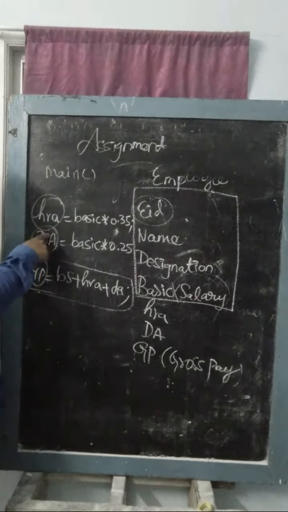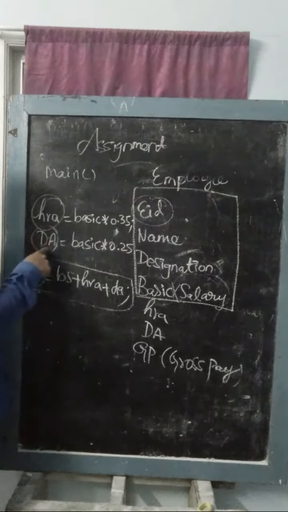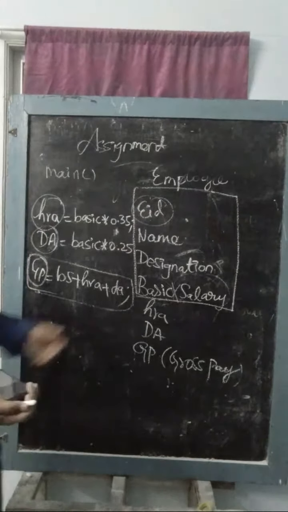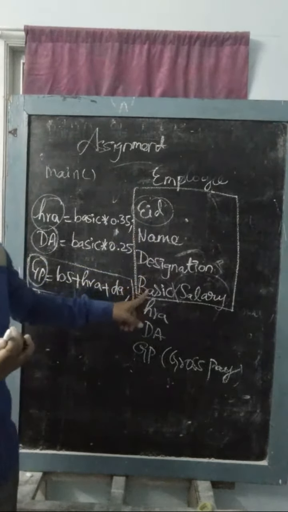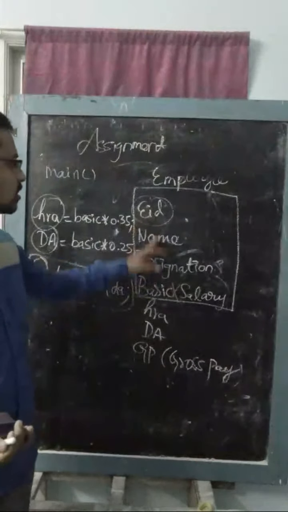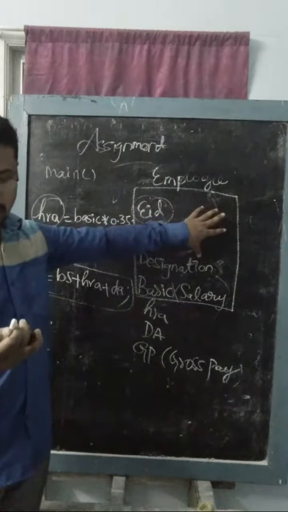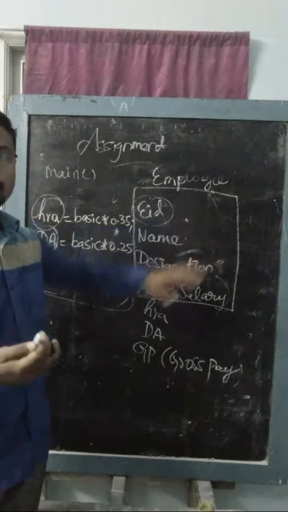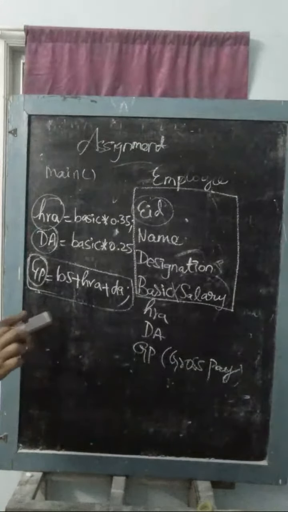Simply we can write HRA, DA and GP. But in the case of employee ID, name, destination and basic salary, these are elements of the structure, so we have to use an object for this structure. This is what I want to discuss today.